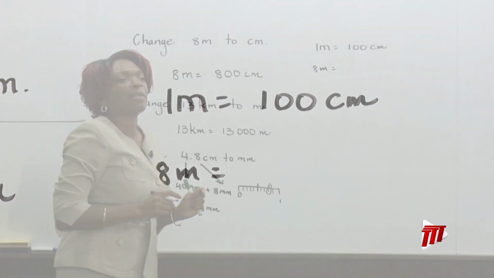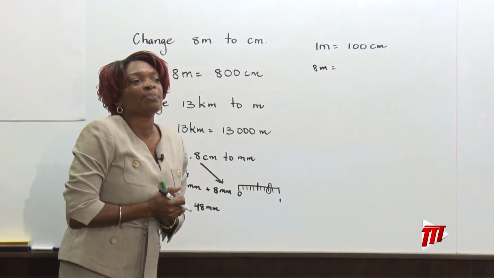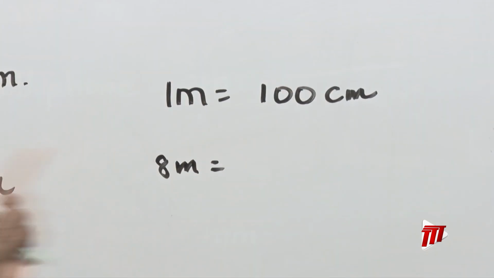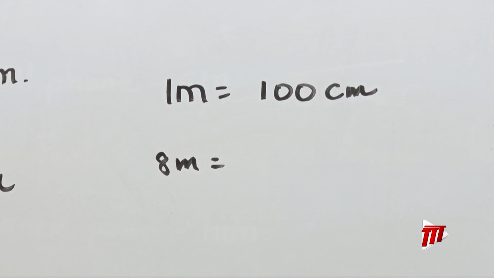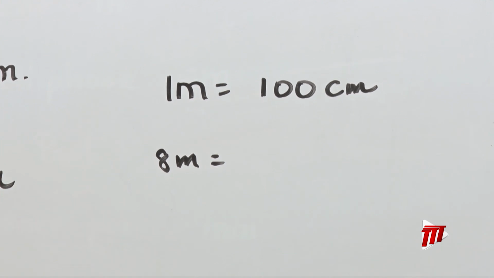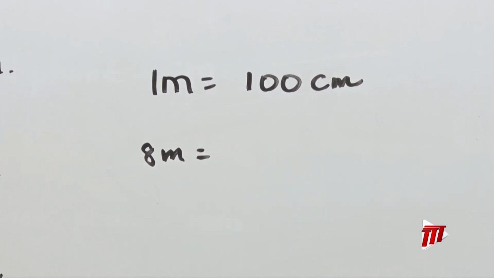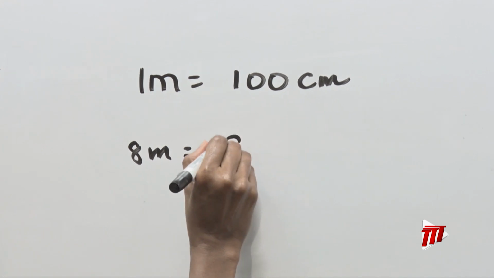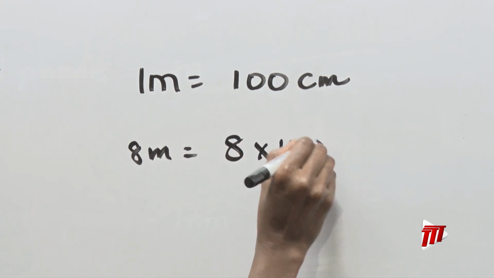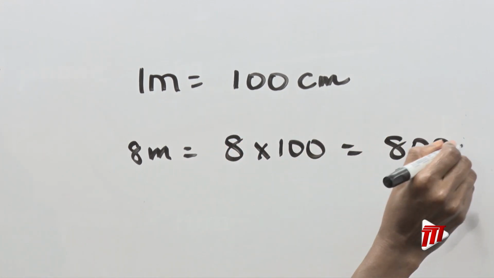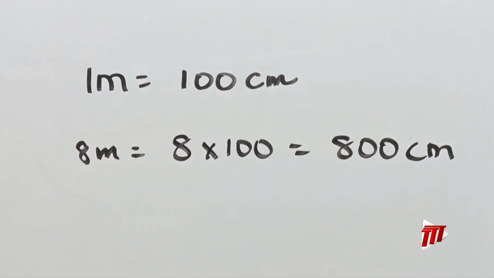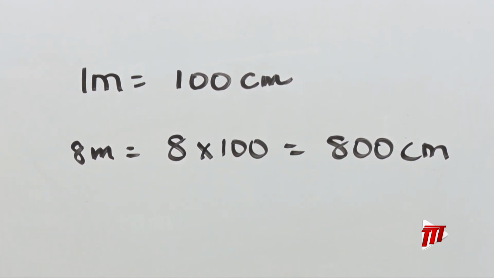How do we change 8 meters without using the board? Well, we know that 1 meter is equal to 100 centimeters. Instead of saying 100 eight times, guess what? Can we now multiply the 8 by 100? Yes, we can. And there you get your 800 centimeters.